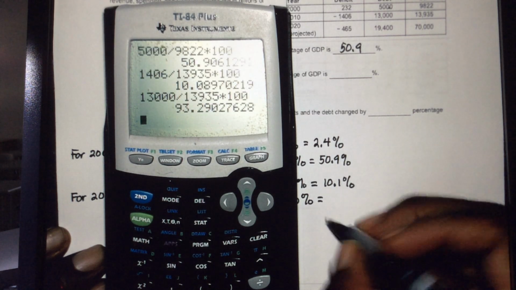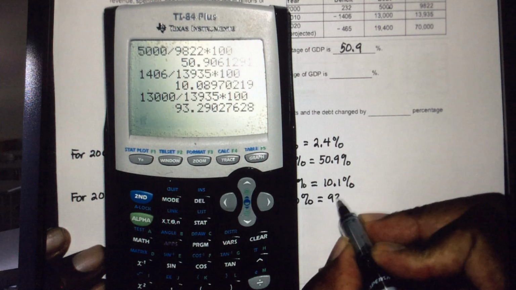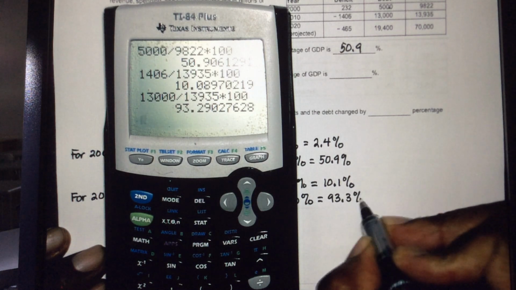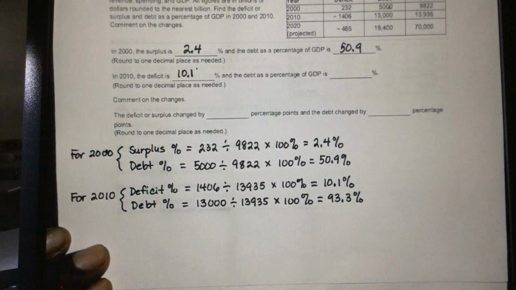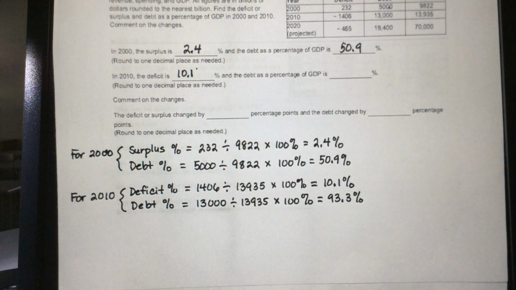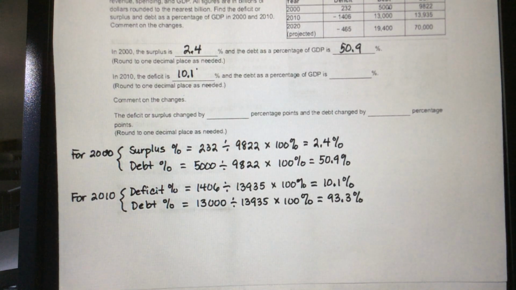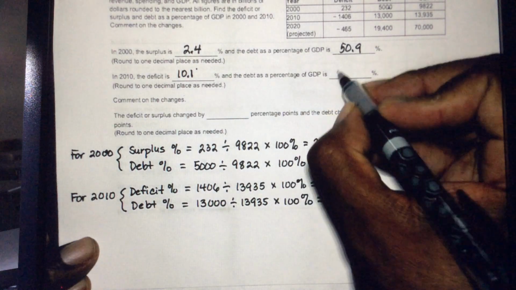And to one decimal place, that's going to be 93.3%. That represents the debt as a percentage of GDP.